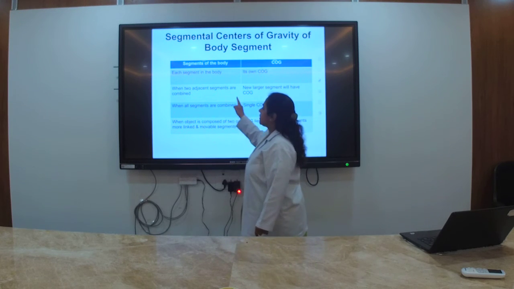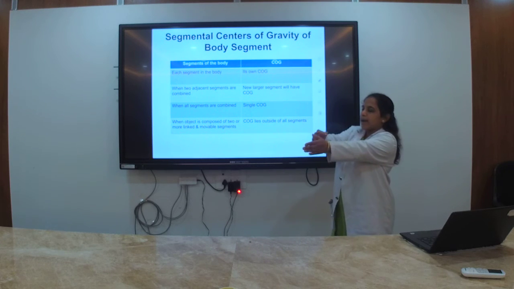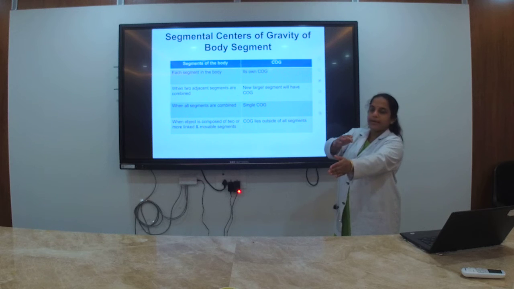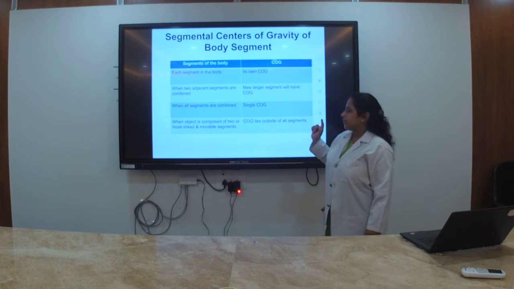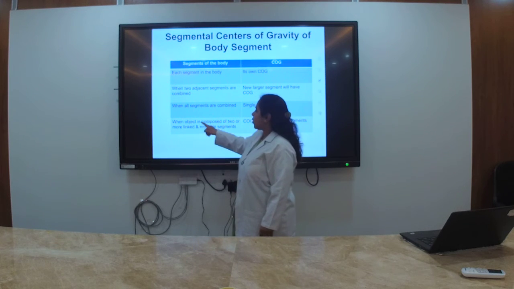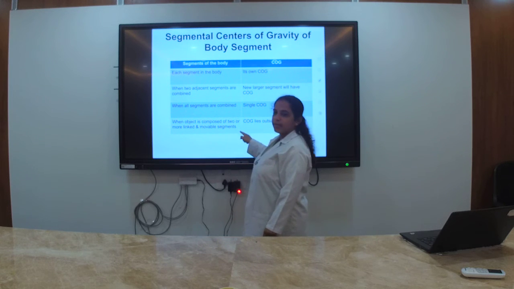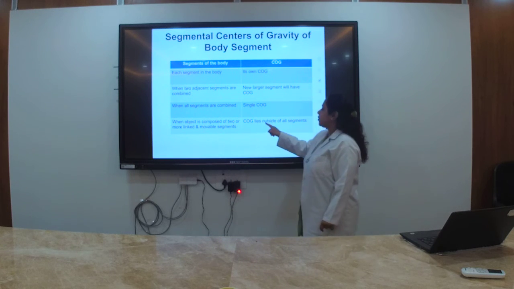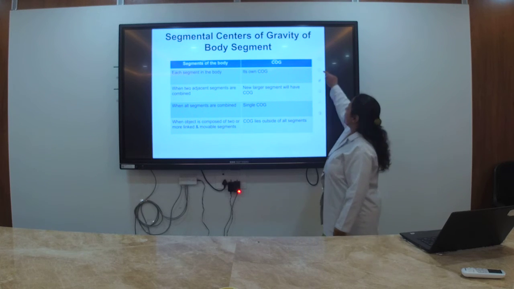When all segments are combined, like arm, forearm and hand, then there will be one single center of gravity. And last assumption is when object is composed of two or more linked or movable segments, the center of gravity lies outside the segment.